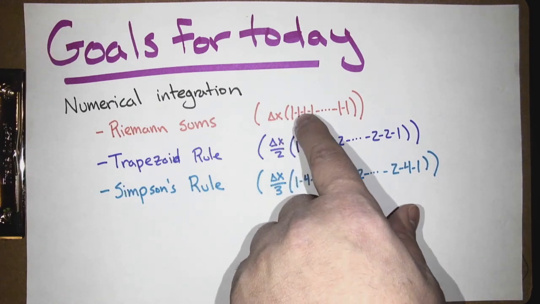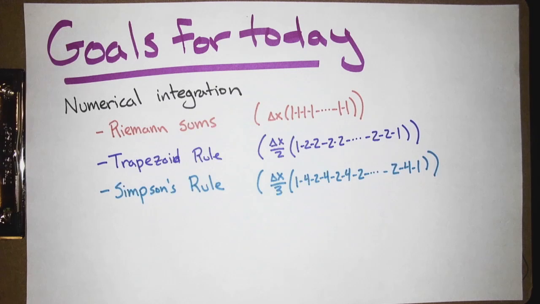So for Riemann sums, essentially everything gets weighted the same. For the trapezoid rule, it's almost the same thing, except the endpoints are weighted a little less, in some sense. And then for Simpson's rule, it's a roller coaster. And that's okay. It all makes sense when we get there.